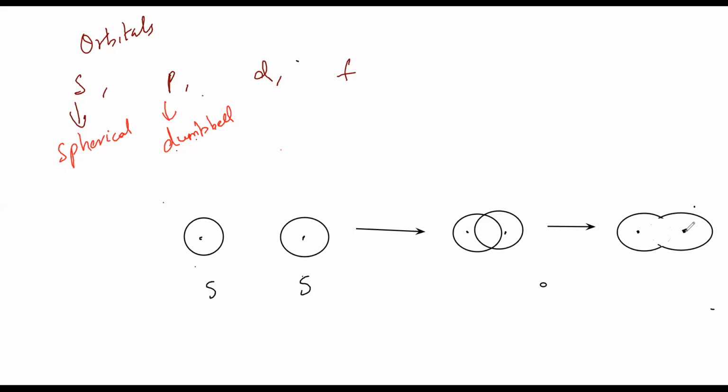This is called SS overlapping. So this is overlapping on the same axis. This is important for us. Same axis.